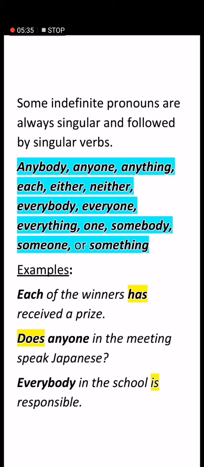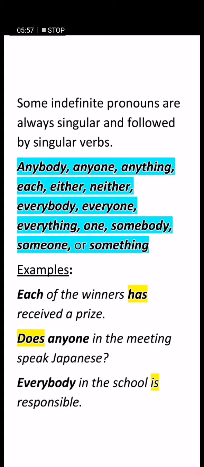We have other indefinite pronouns, which are always singular, and they are anybody, anyone, anything, each, either, neither, everybody, everyone, everything, one, somebody, someone, or something.